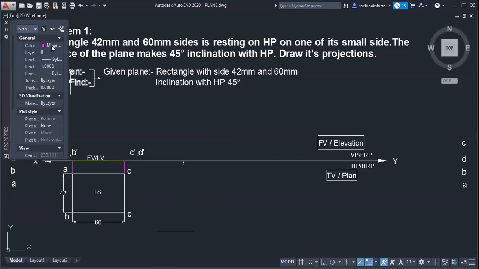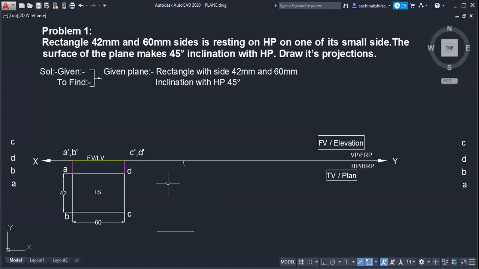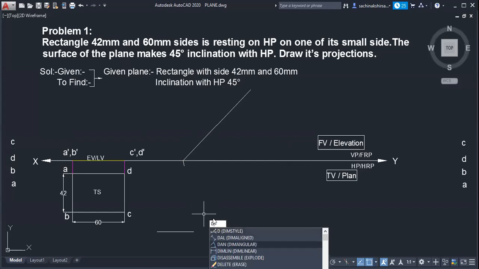Okay. Making angle with 45 degree. Maybe something like this. By taking a line with 45 degree. Here that angle should be 45.